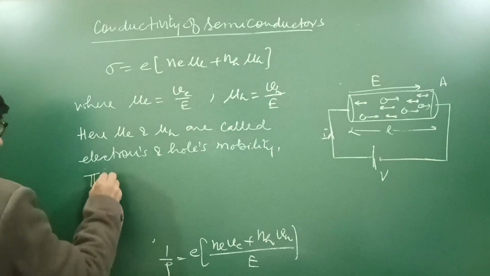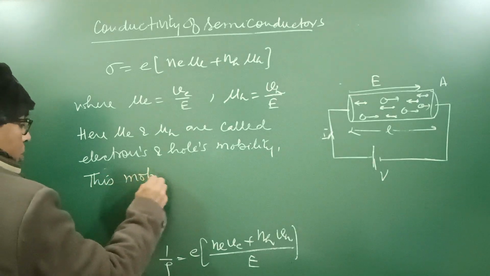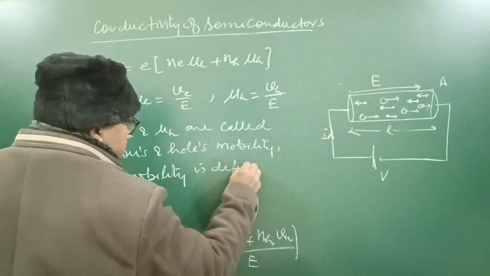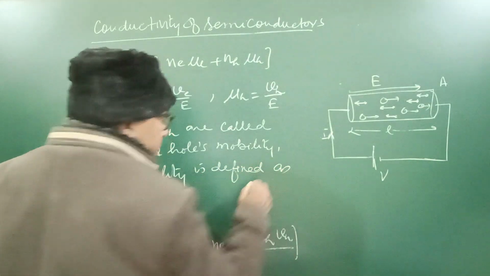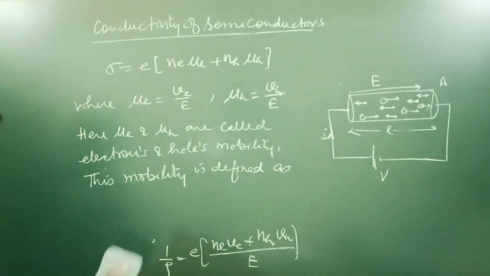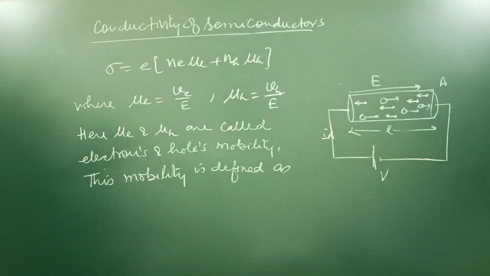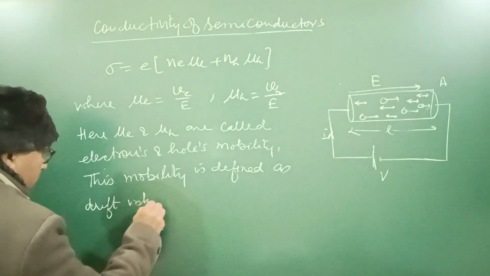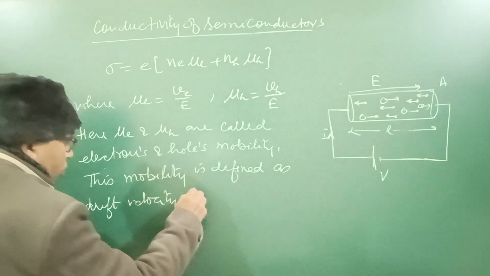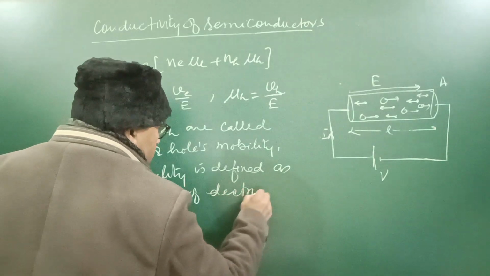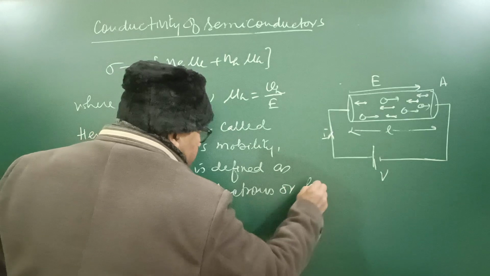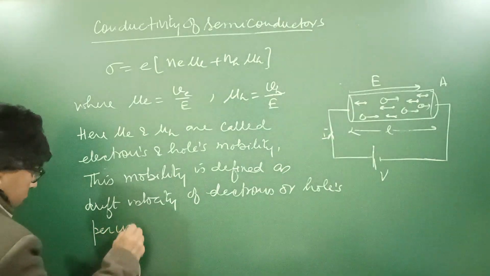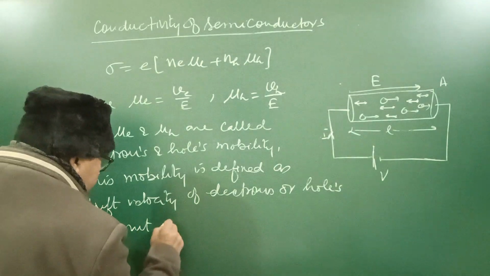This mobility is defined as the drift velocity of electrons or holes per unit electric field.